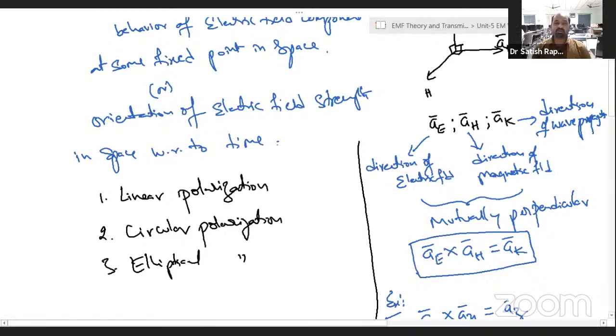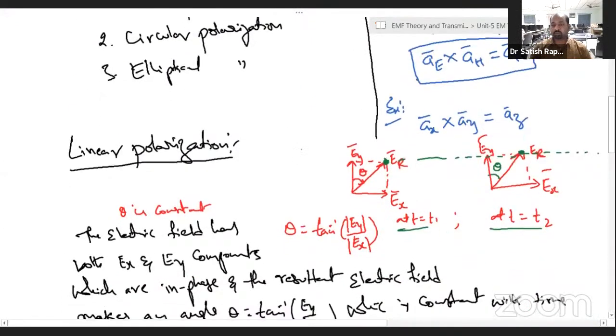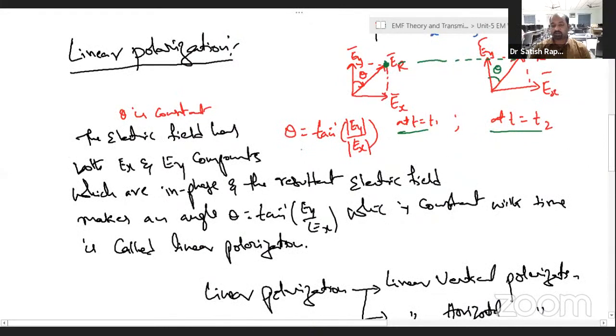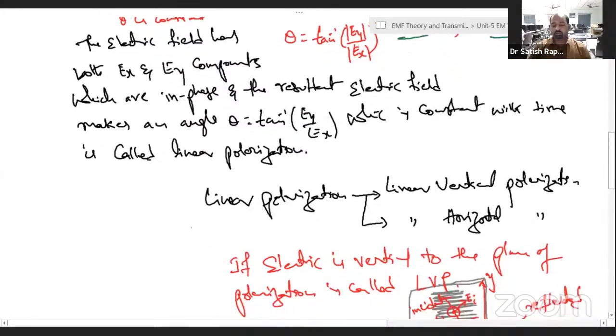Linear means the electric field is changing linearly, circular means the electric field orientation is a circle, and elliptical means the electric field is changing elliptically. In linear polarization, as I explained in my last class, at every point of time the electric field component is linear, in other words constant.